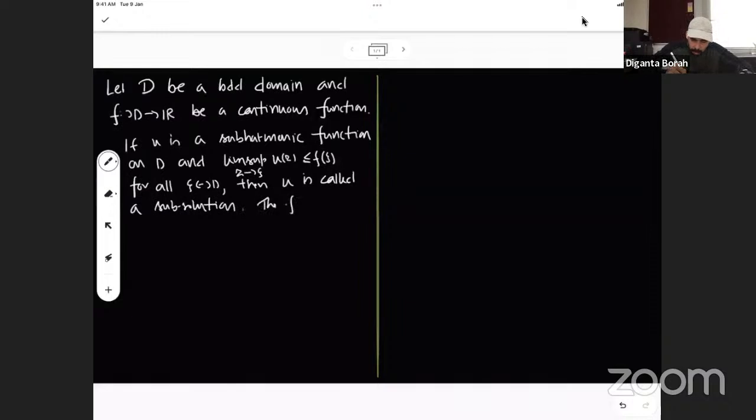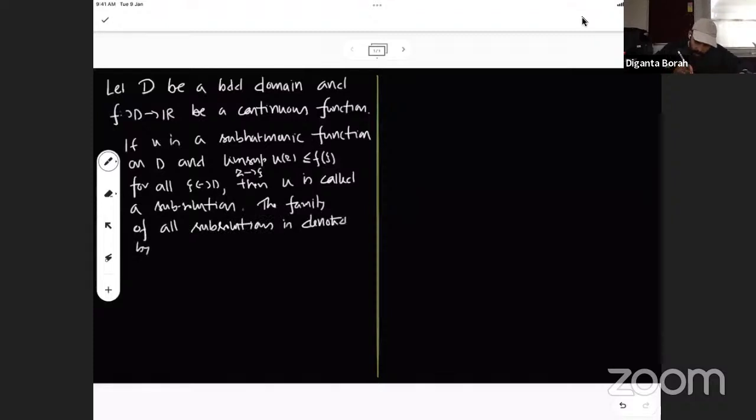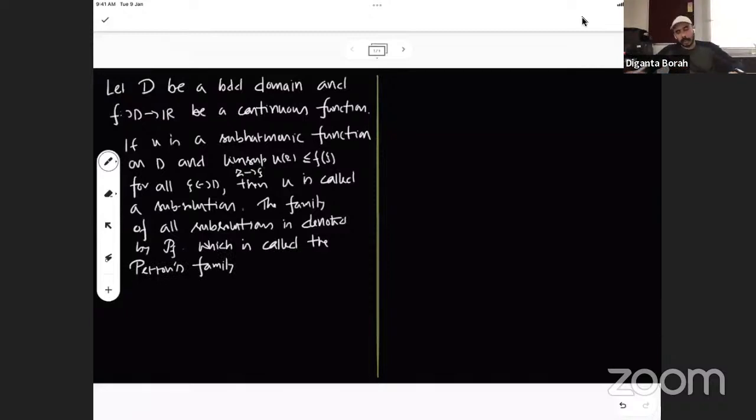The family of all subsolutions is denoted by P_f. This is called the Perron family, corresponding to the given boundary data f.